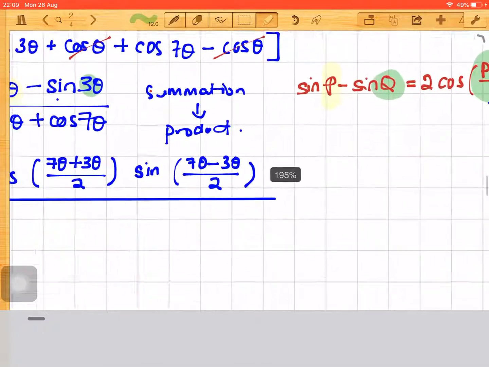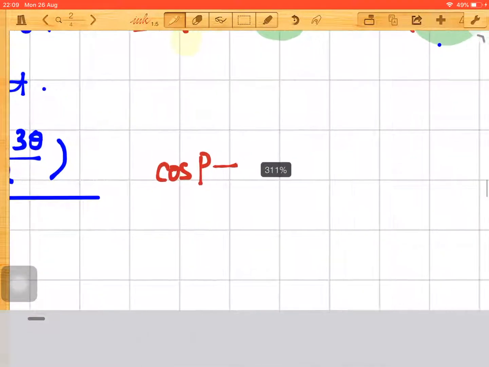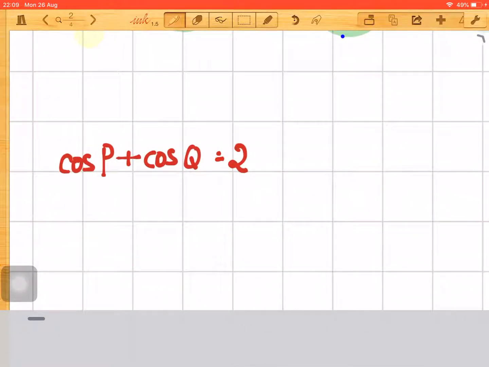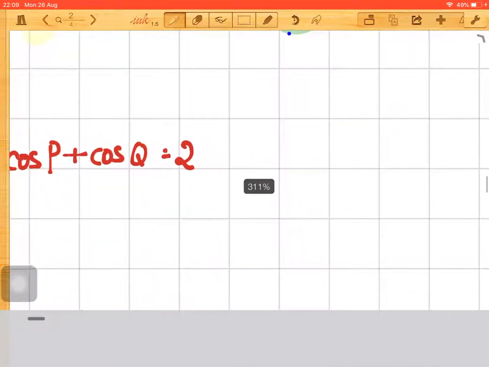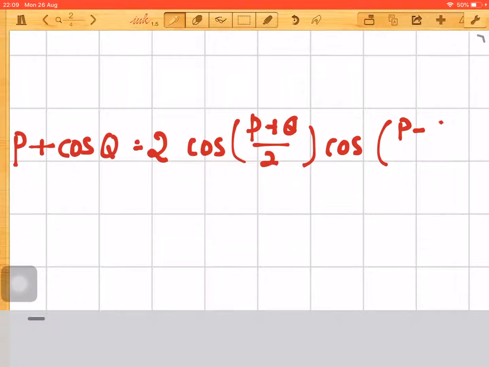Alright, we're almost there. Bear with me. Cos p plus cos q equals 2 cos (p plus q) over 2 and cos (p minus q) over 2.